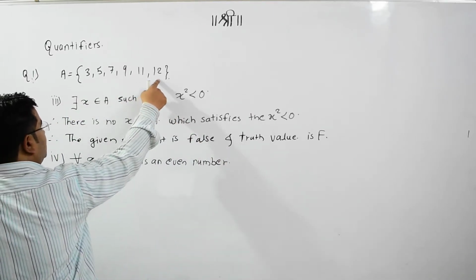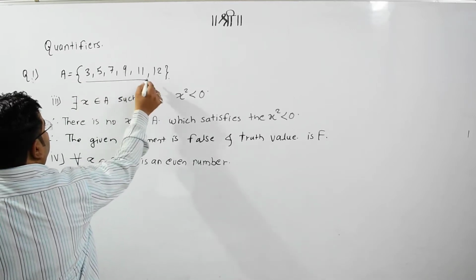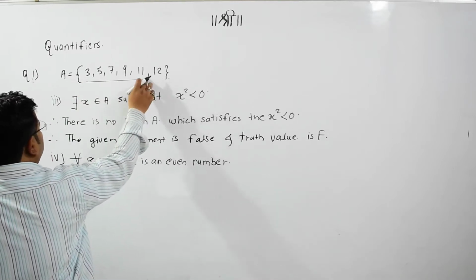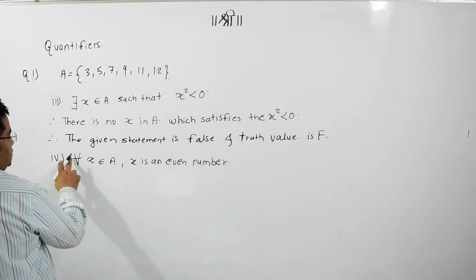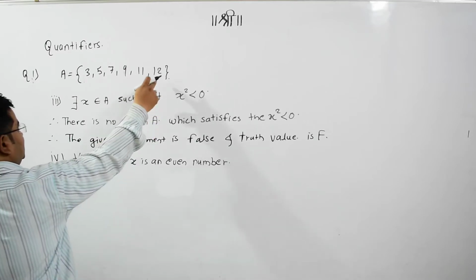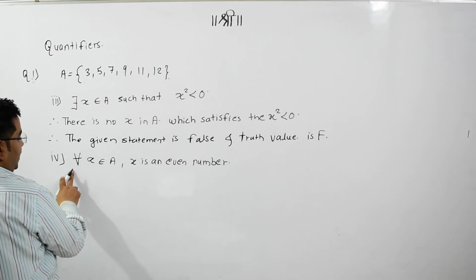Yes, only one, but not all x are even. All these numbers are not even, only one number is even. So it's not for all, there exists an x which is even. Understood? So not all x are even.